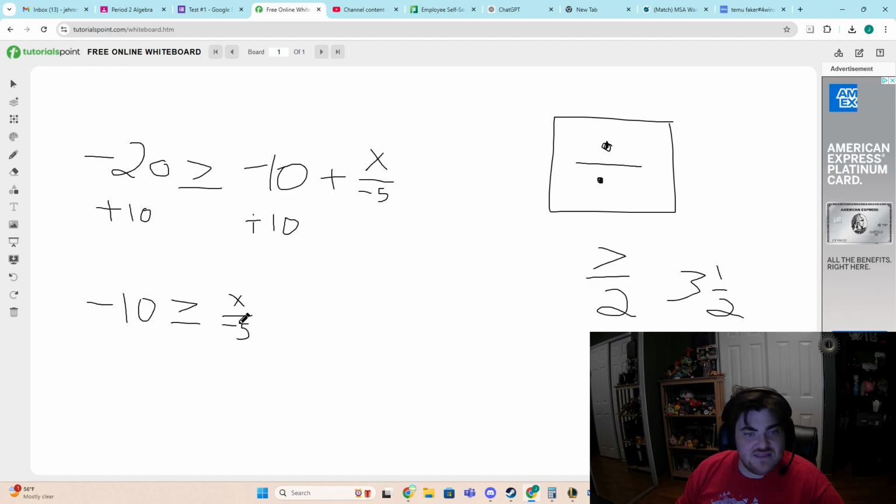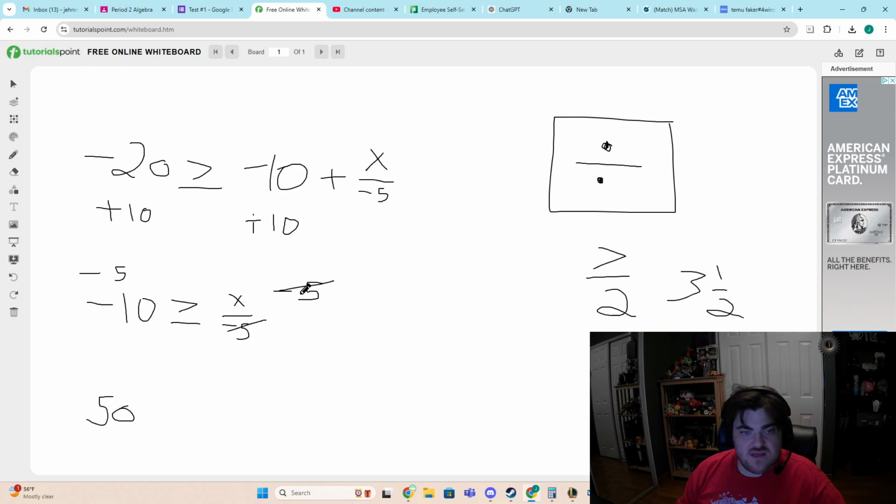So if it's x divided by negative 5, and we're trying to get the x by itself, how do we move that negative 5? What's the opposite of dividing by negative 5? We multiply by negative 5, on both sides. So these would cancel out, and we'd be left with positive 50. And what was the special rule?